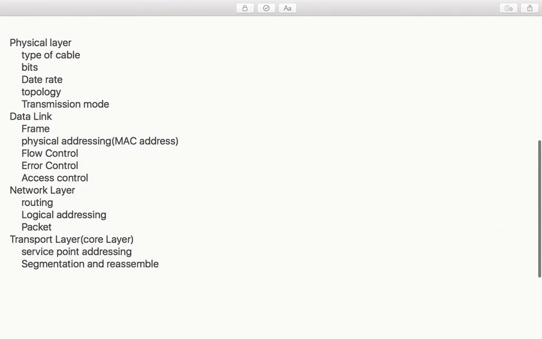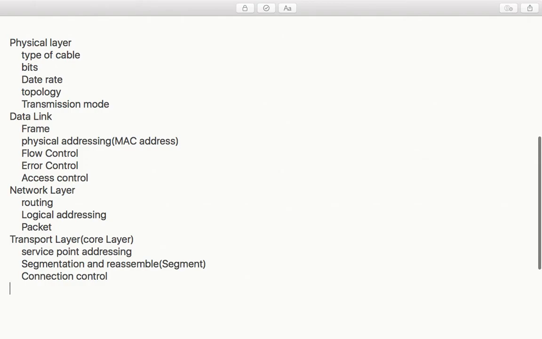And I also forgot one more thing. As the data moves from the network layer to the transport layer, we call that a segment. Now, the next responsibility of the transport layer is connection control. In general, we have two types of connections: connection oriented and connectionless.